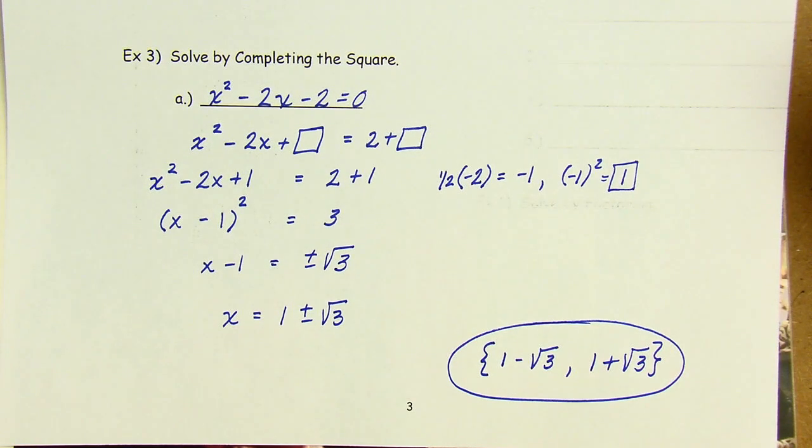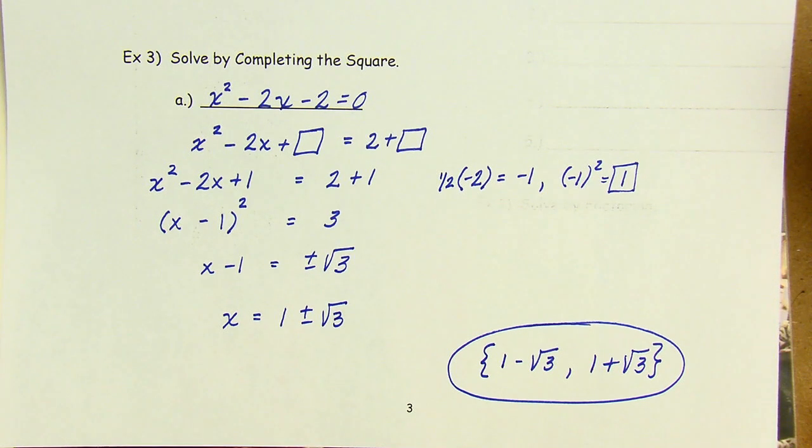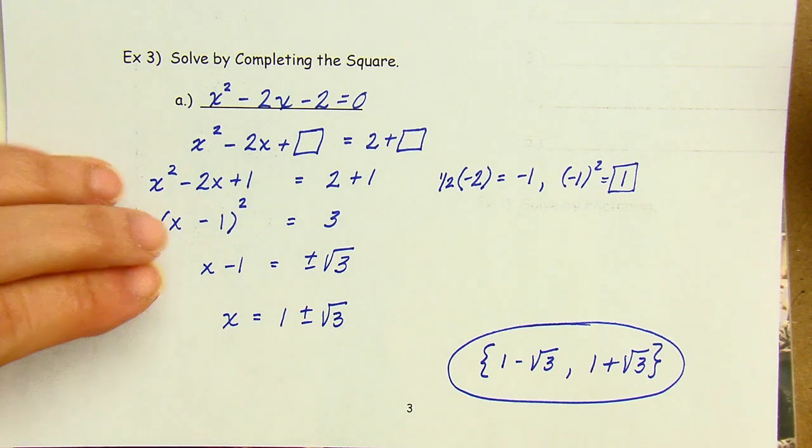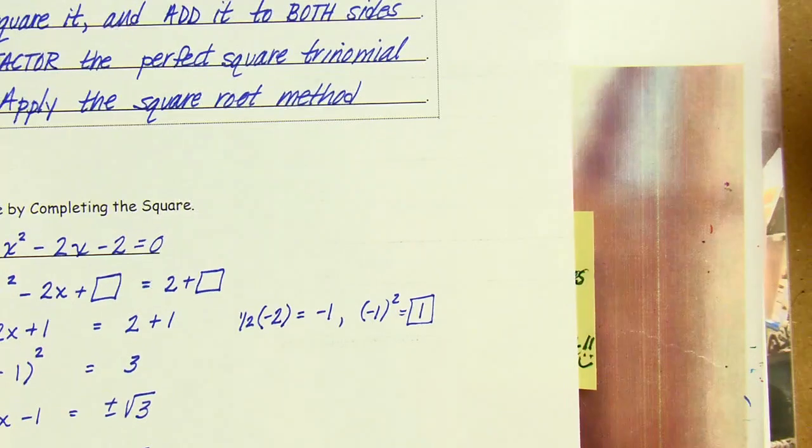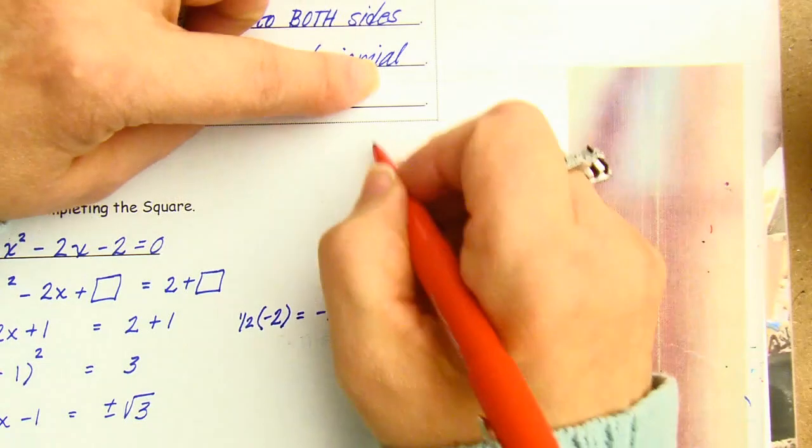Now, what would it look like if I had one that did not have a 1 as a leading coefficient? I could show you on a side note over here, because these notes, I go by what's in the book.